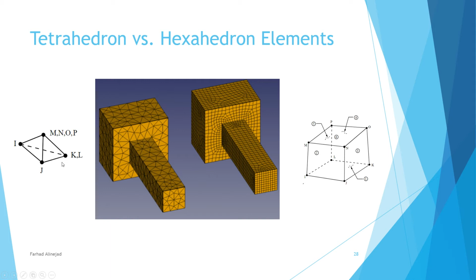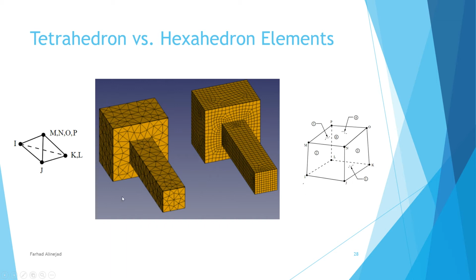On the left side, you can see the tetrahedron elements, and on the right side are the hexahedron elements. But you may consider that the results may be different using these 2 types of elements.